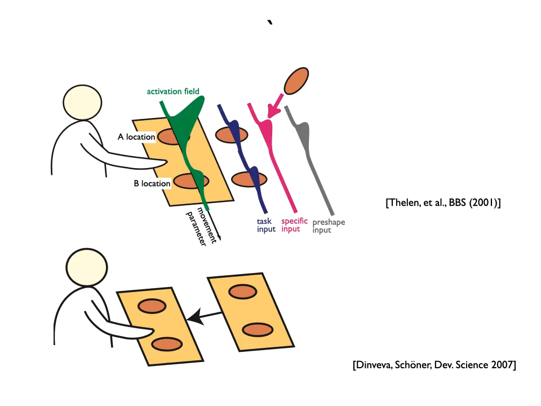And you can model that by thinking of the multiple inputs that can play a role here. So for instance, the fact that there are lids gives some task input, and the fact that you're banging the lid on one side or you're showing the toy can be the specific or imperative input. And you could think of the memory trace that is being built as these kids are reaching being a preshape input.